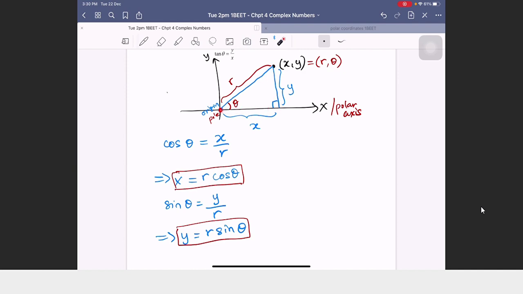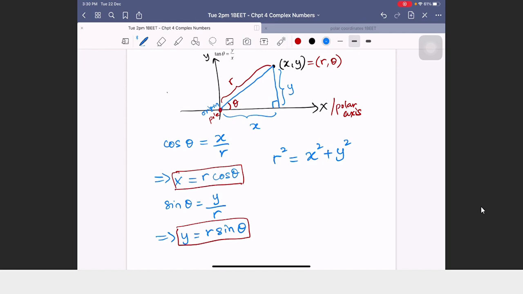Isn't that r, x, and y are just the lengths of the right angle triangle. Remember, there is one famous theorem when it comes to the lengths of a right angle triangle, the Pythagoras theorem, which you can express as r squared equals x squared plus y squared.